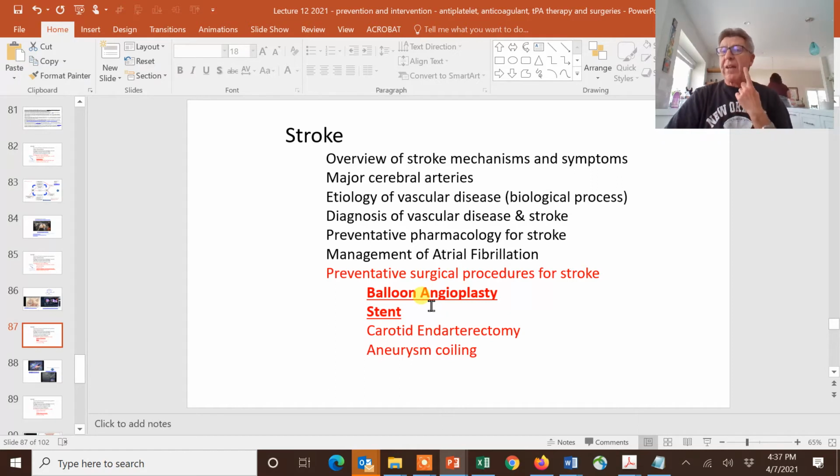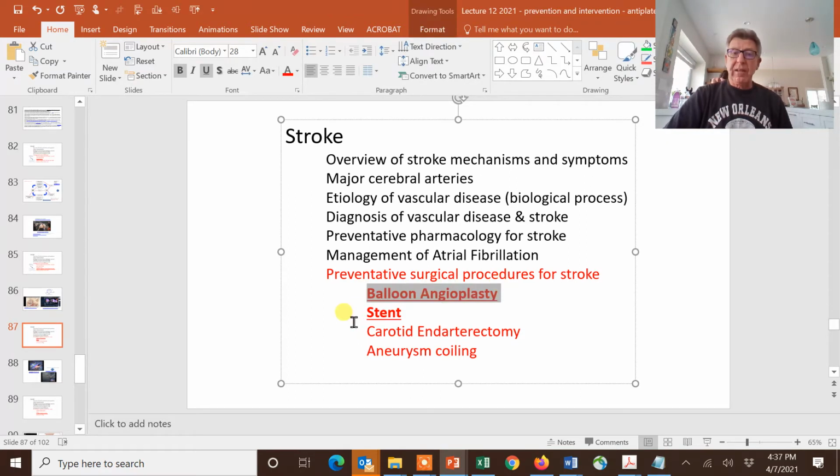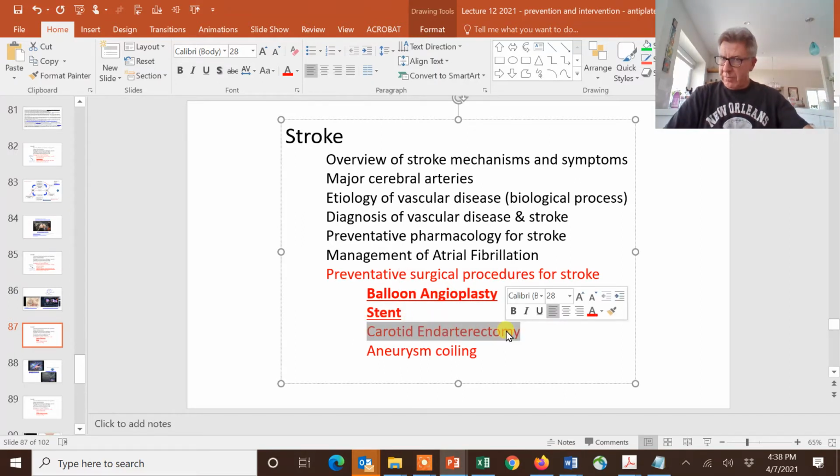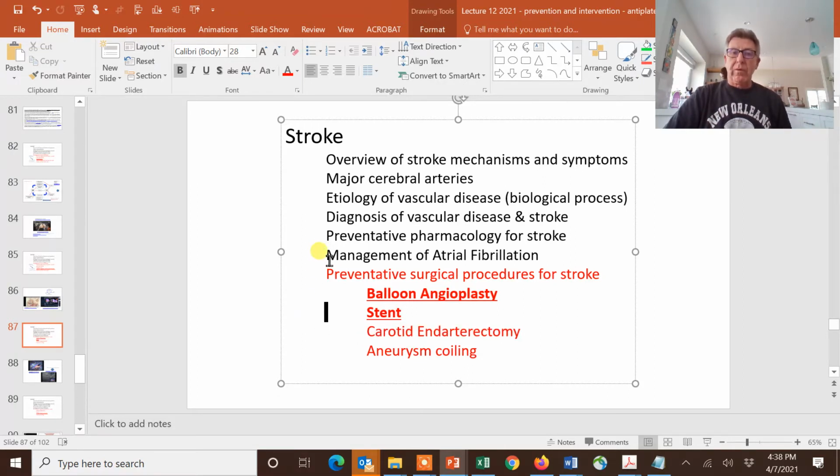Let's now focus in on our carotids and what we can do about the carotid artery. We're going to look at balloon angioplasty and stents, and then follow that up with, again, starting conservatively and then getting more aggressive. So we have moved past Afib, and we're now going into surgical procedures to deal with carotid problems.